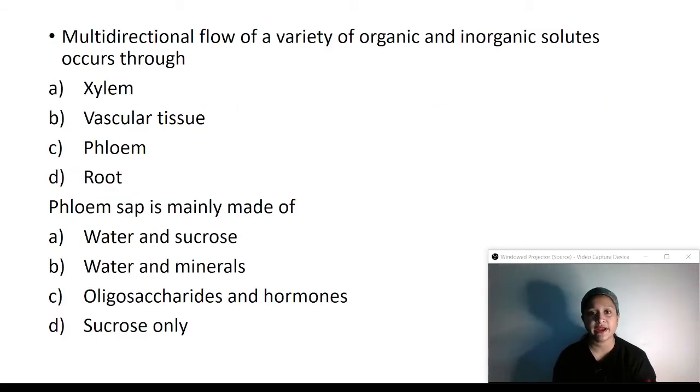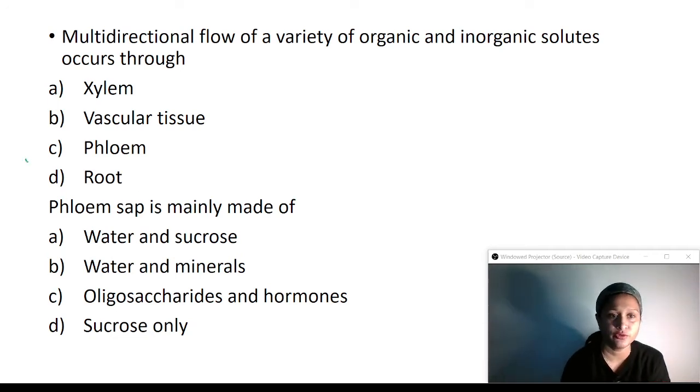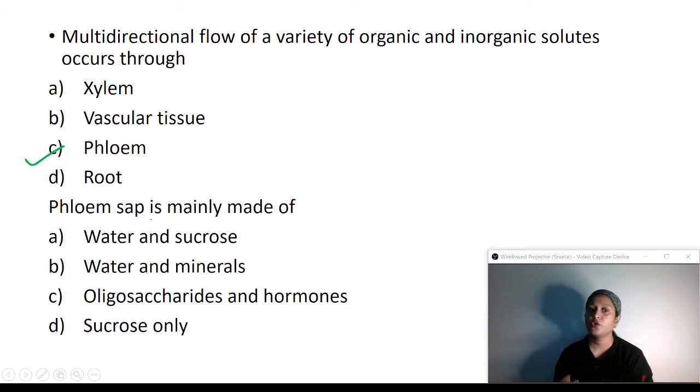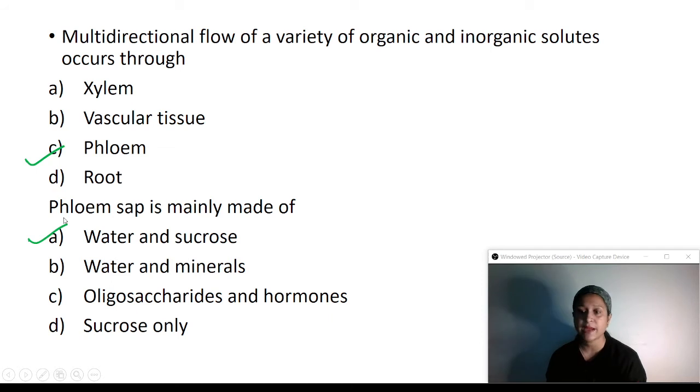Multidirectional flow of a variety of organic and inorganic solutes occurs through which tissue? Multidirectional or bidirectional flow is your phloem flow. Phloem sap is mainly made up of, this we have seen, water and sucrose. Besides this, hormones and amino acids are also there.